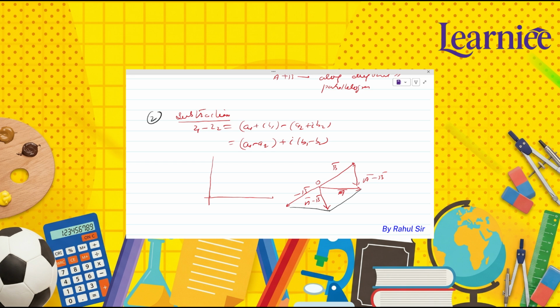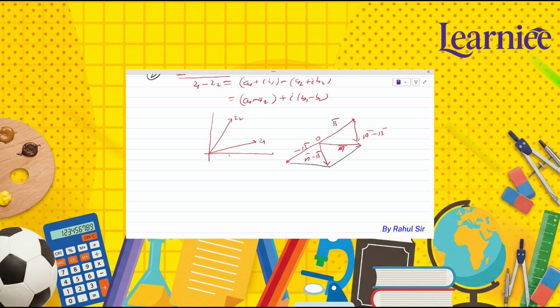Same way in complex numbers also. Let's say this vector is z1, this vector is z2. So clearly for z1 minus z2, I will draw like this. This is minus z2, and we form a parallelogram with this.